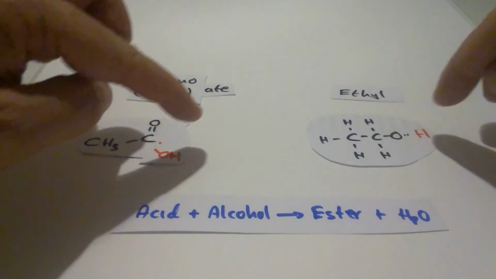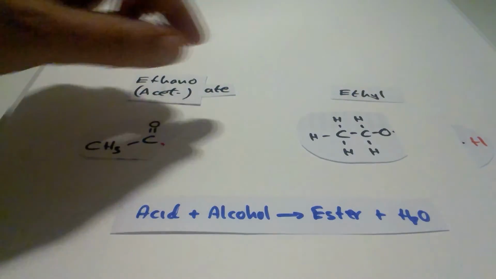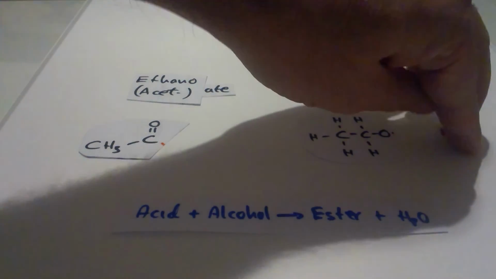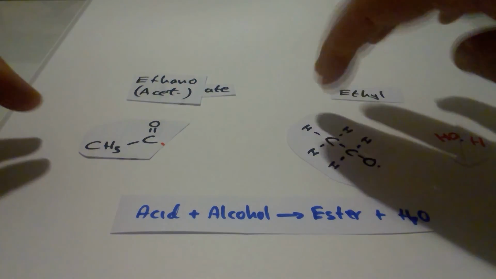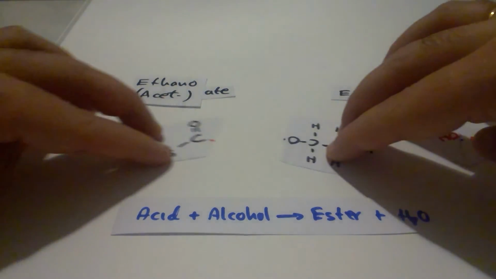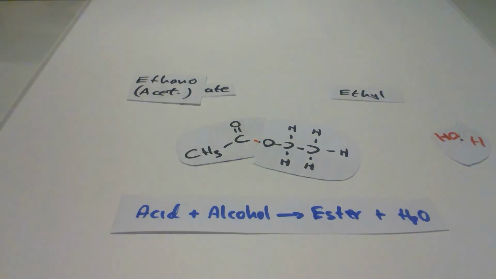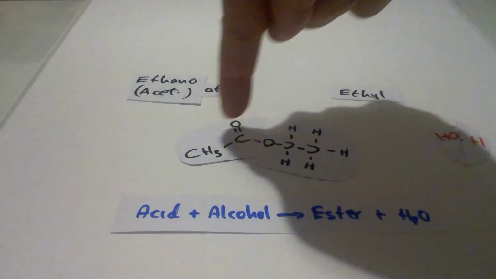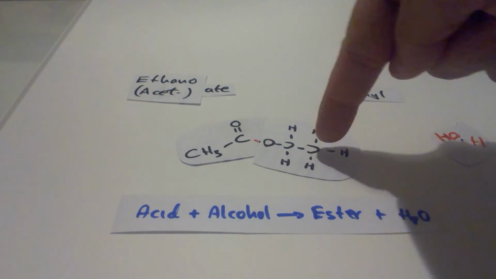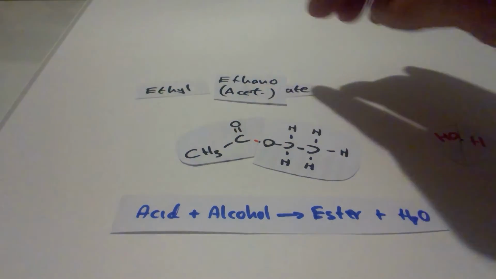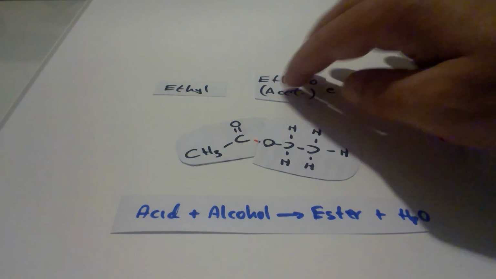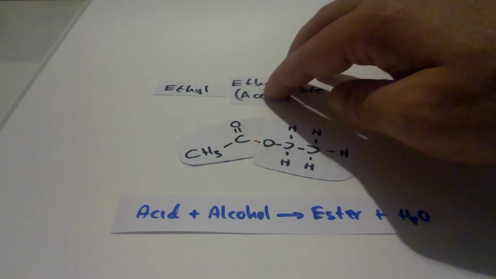We're going to have the water being produced on one side and rotate and react, and there we have acid with 2 carbons, alcohol with 2 carbons. This is going to be called ethyl acetate or ethyl ethanoate.